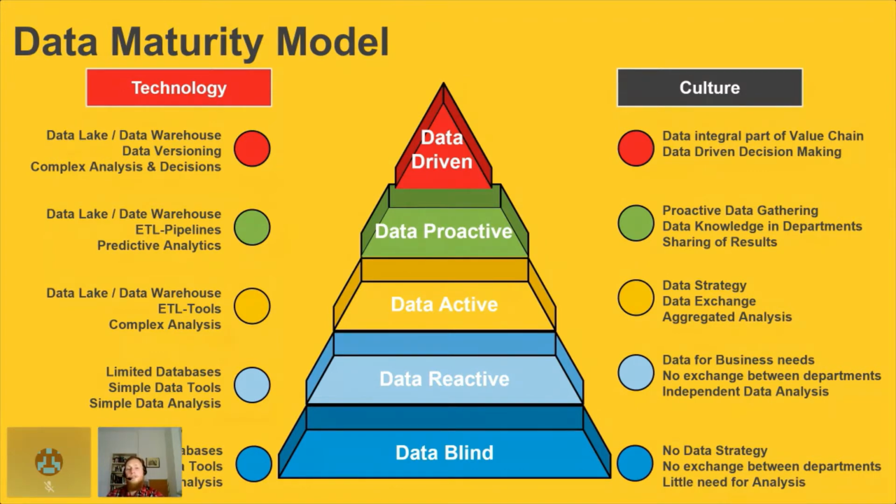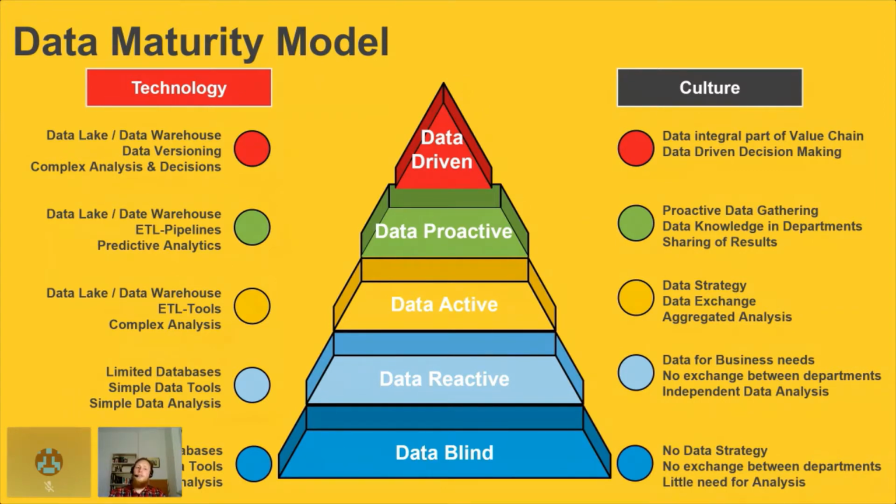The next level is called the data active level. Technology-wise, you begin having different levels of data technology, so you have data lakes or data warehouses. I won't go into any details on the technologies, it's just a broad description. You also have ETL, meaning extraction, transformation, loading tools, to basically feed these databases.